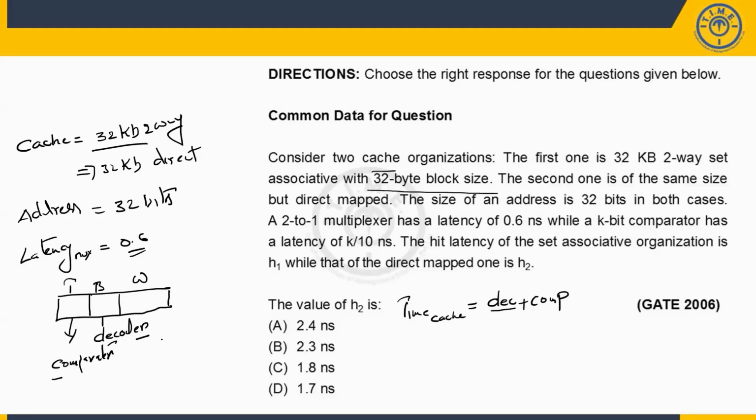Now, if it is a set associative mapped cache, we also have an added multiplexer. Additional multiplexers are required to access the cache memory, because in two-way set associative mapping, for every index there will be tag 1, word 1, block 1 and tag 2, word 2, block 2.